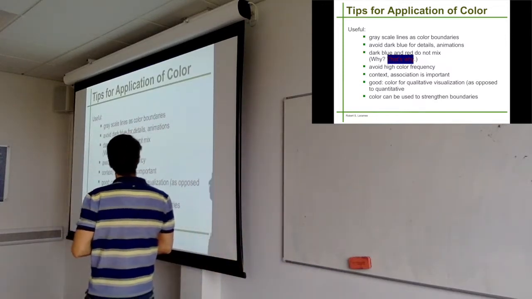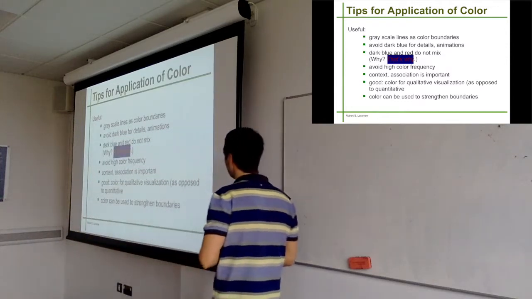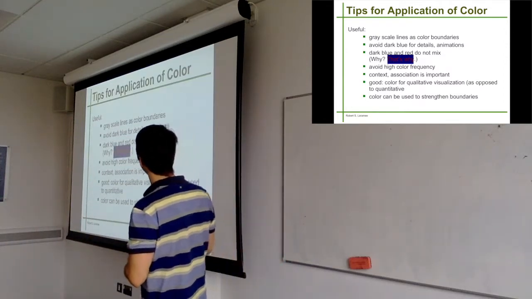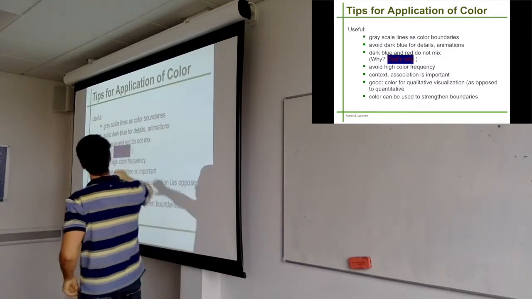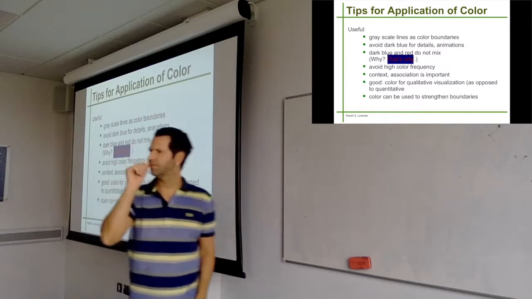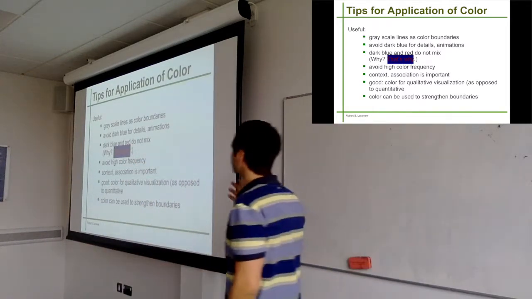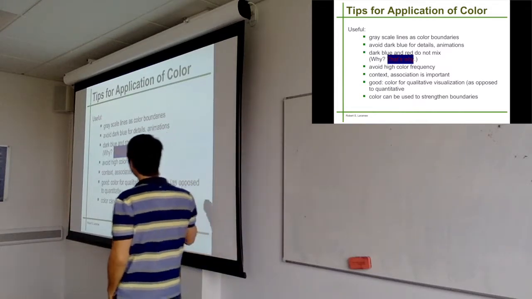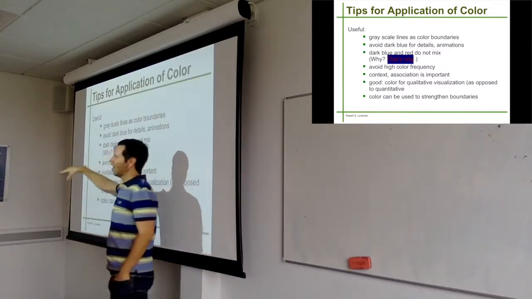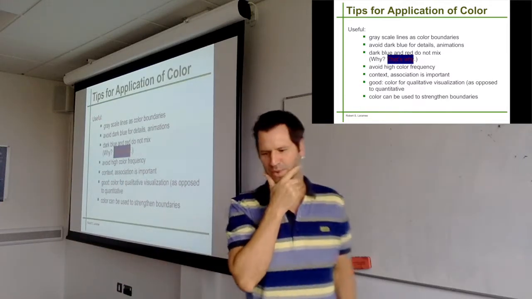Grayscale lines are good for boundaries, if you need to introduce boundaries. Avoid dark blue for details and animations. Blue and red don't mix very well. I see this all the time, even from really smart people, and I find it very mysterious. But there are millions and millions of PowerPoint slides with very strange color combinations like red and blue.